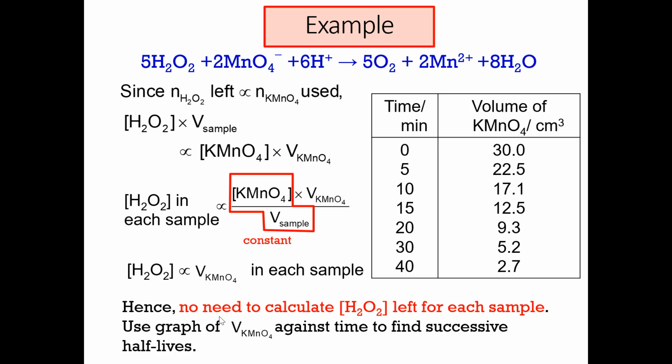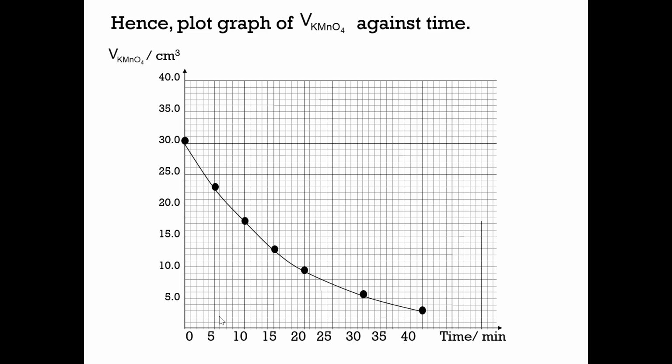So this is the part of the reasoning that I really need you guys to appreciate to journey on in this reaction kinetics study. So the graph, if you plot, will look beautiful like this. This is very clearly a reactant time graph. And so we will then have to look for our half-life, second half-life. Take note, this is quite a regular mistake that students and your seniors have made.